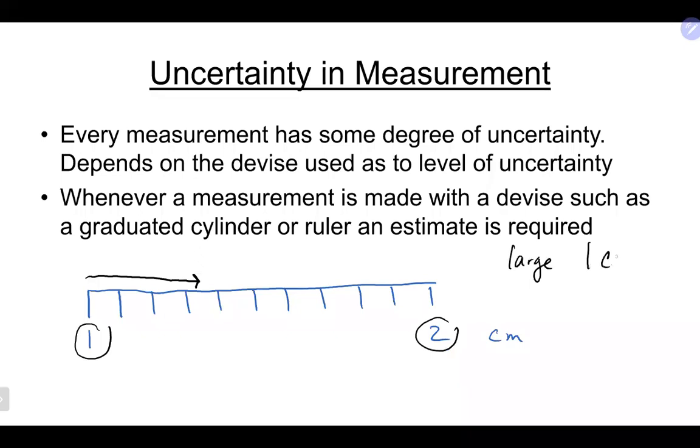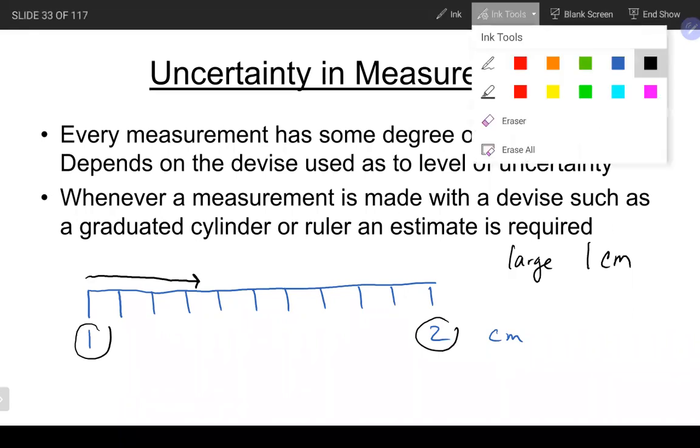represent 1 centimeter, right? The other thing you want to look at is, between two largest markings, what does each of the smaller markings represent? So we want to count up how many smaller markings we have between the two big numbers, which in this case is 1 and 2. Now, when we count, this is the way we count, which may be a little unusual for you.